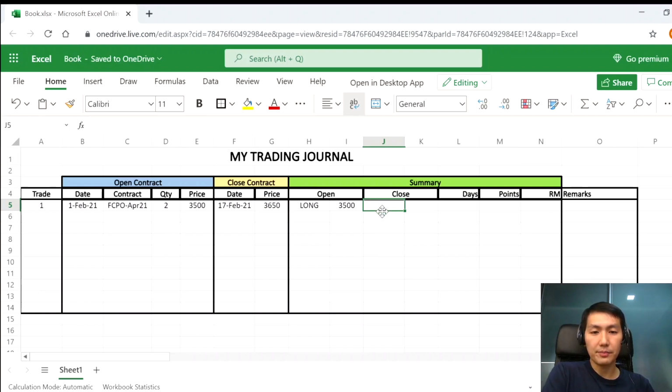For the close position, again I need to put in the same simple IF formula.